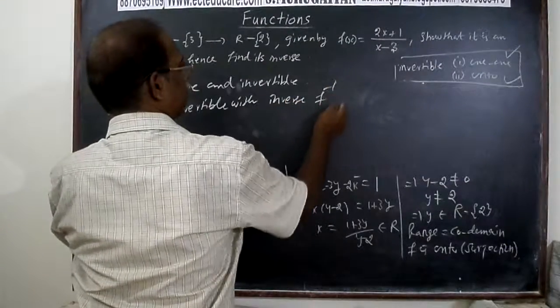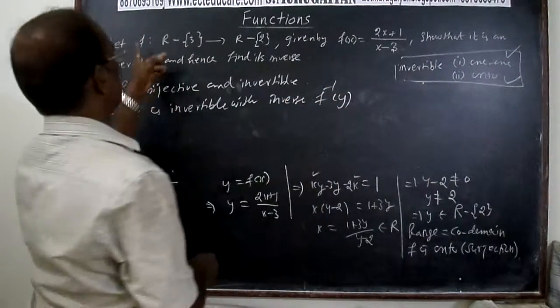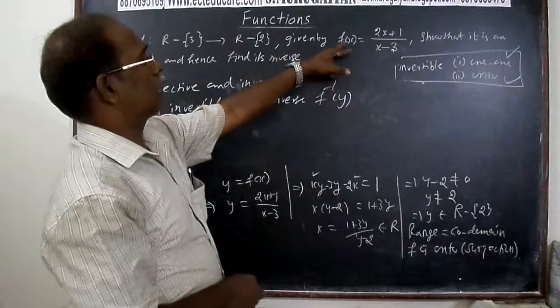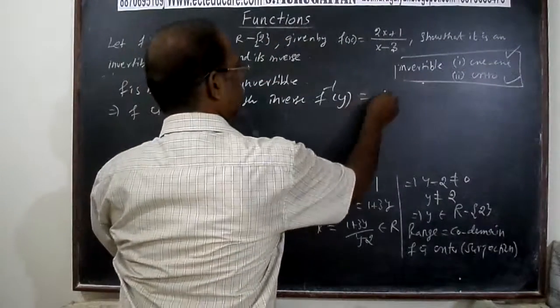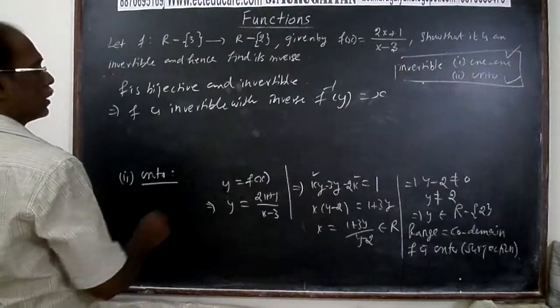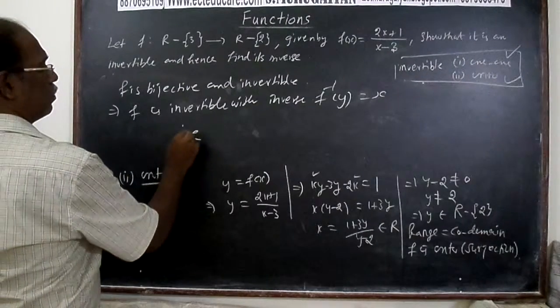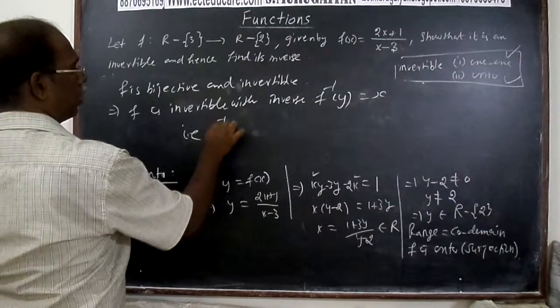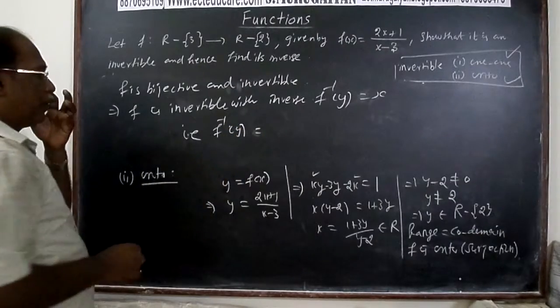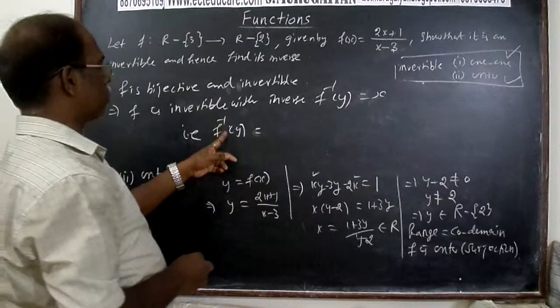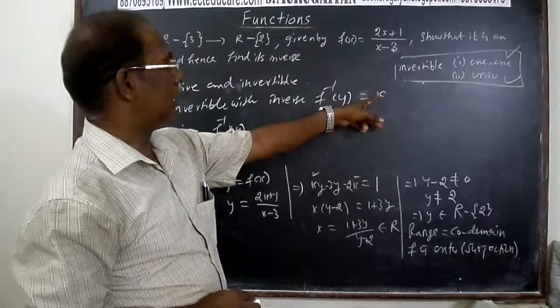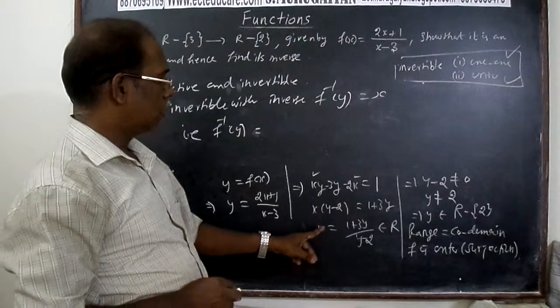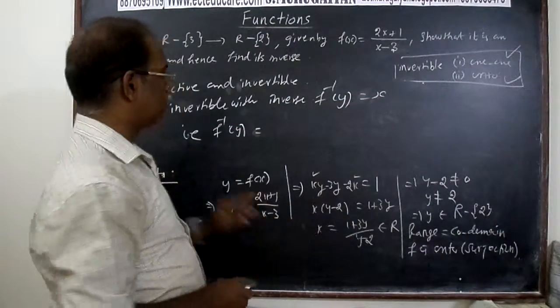For the given function f(x), its corresponding inverse is f inverse of y equal to x. And what is the inverse? F inverse of y, so the function should be in terms of y. So what is the x conversion? Look at x equal to (1 + 3y)/(y − 2).